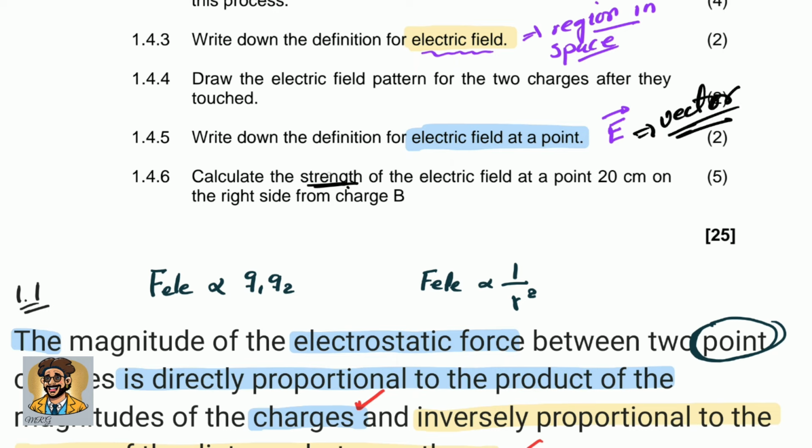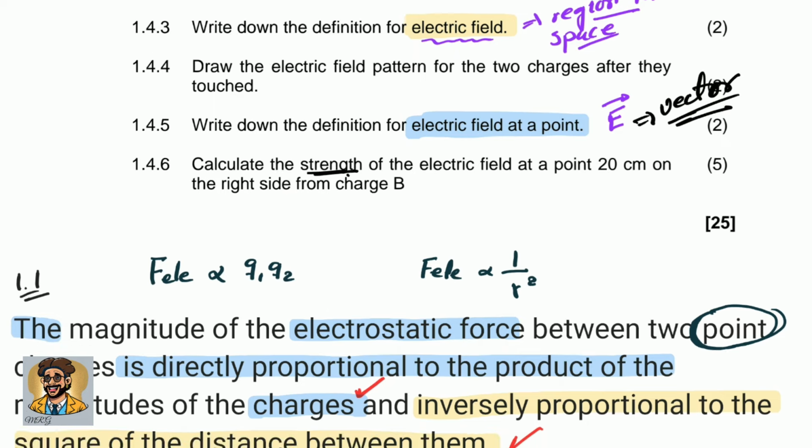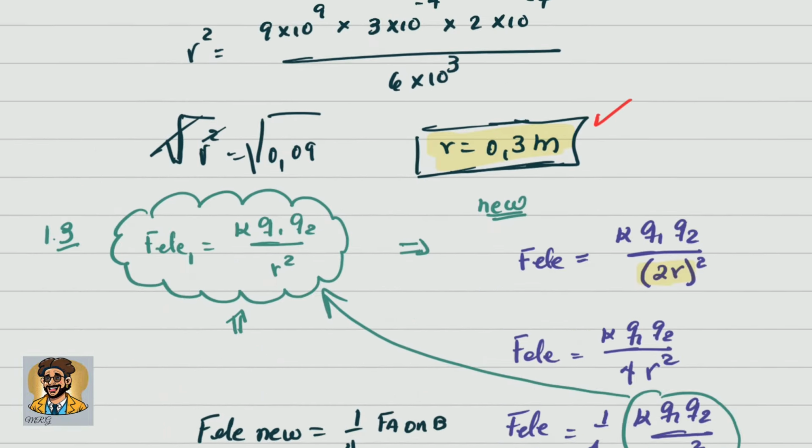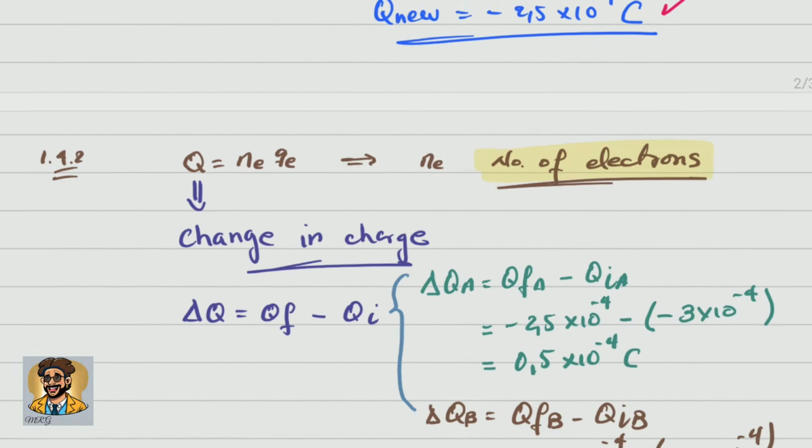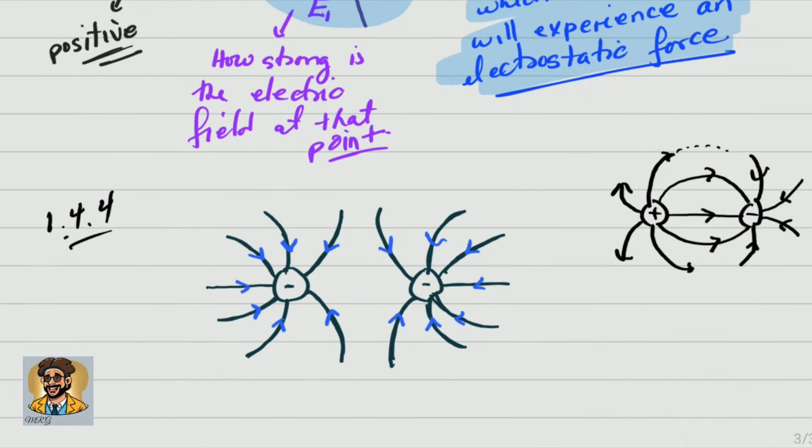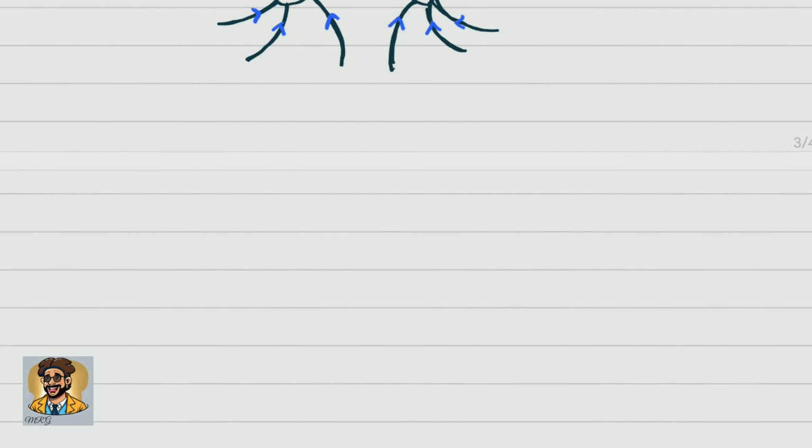The strength is the magnitude of that vector of the electric field at a point 20 centimeters on the right side of charge B. And we have to come all the way here and represent it because it's not as easy as it looks.